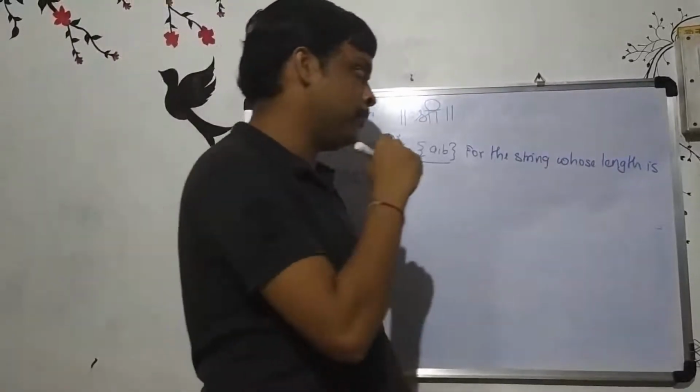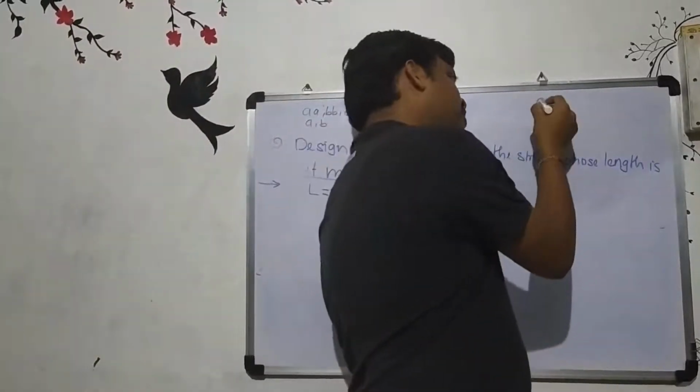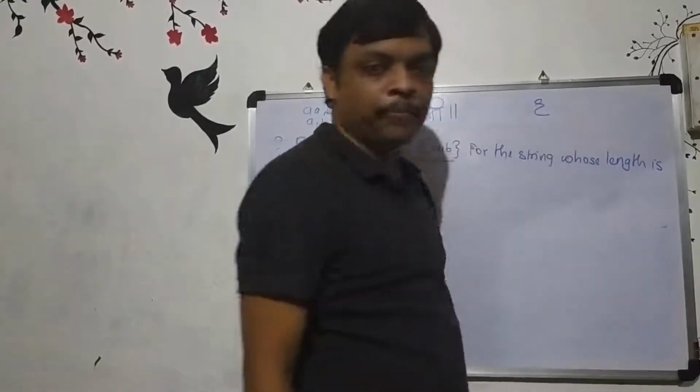The string with length 0, this point is new for you. In TCS, in automata theory, the string with length 0 is represented using this symbol.